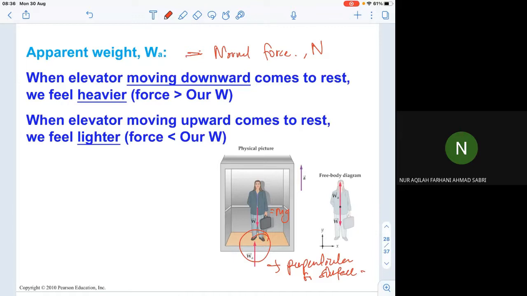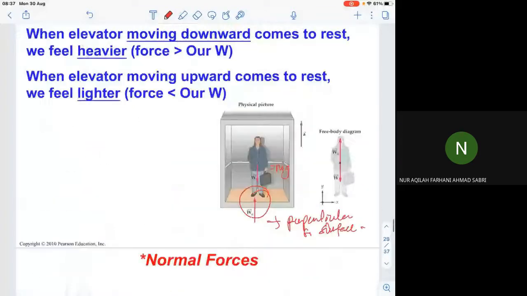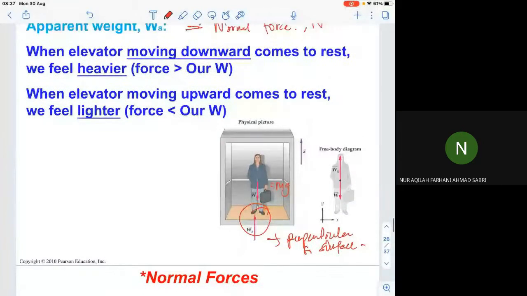Why? Let's focus on this part. When the elevator is going upward, that means the acceleration is going upward. So look at the summation of Fy, which equals ma.